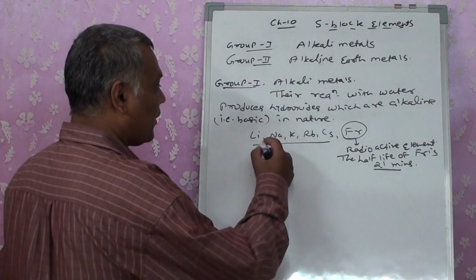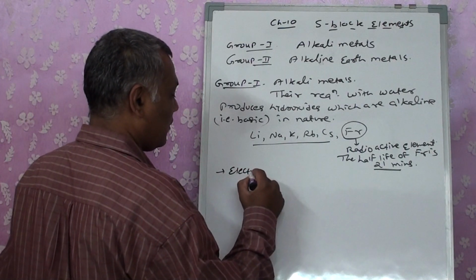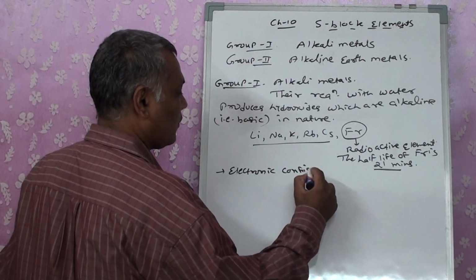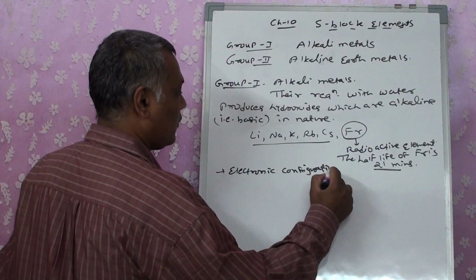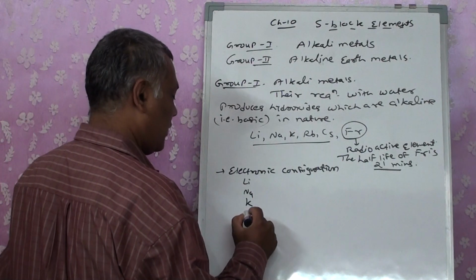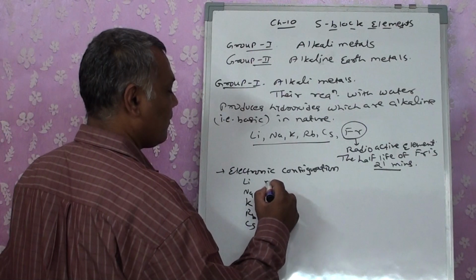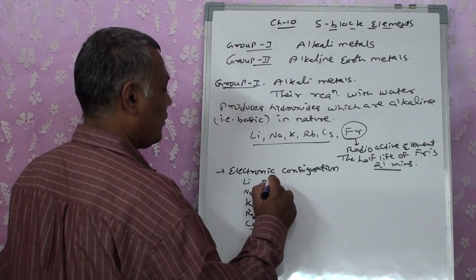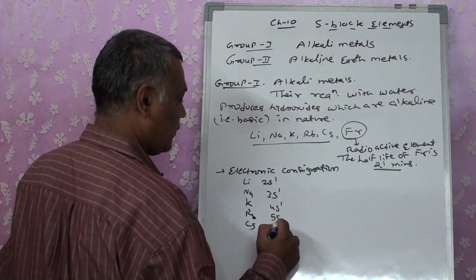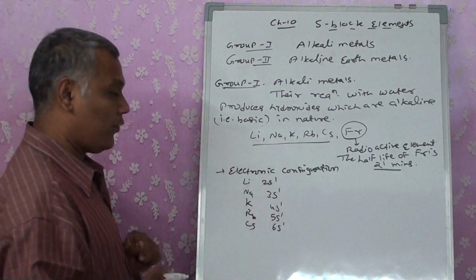Okay, at the same time, the point is electronic configuration. For Li, Na, K, Rb, Cs, we have 2s1, 3s1, 4s1, 5s1, 6s1 as the outermost electronic configuration.